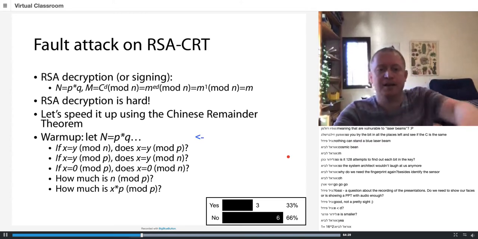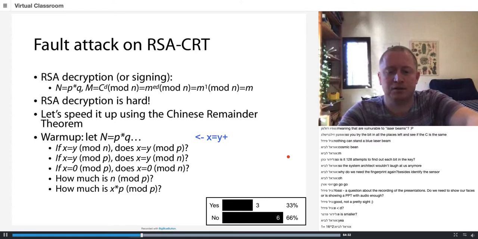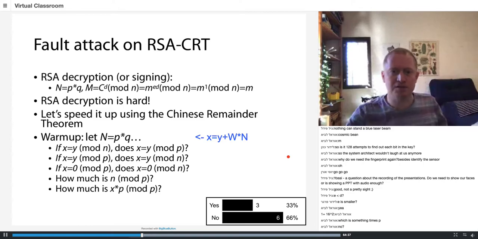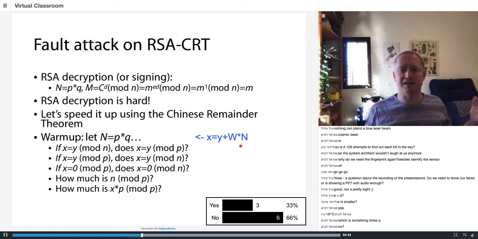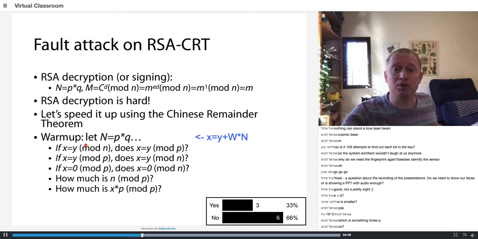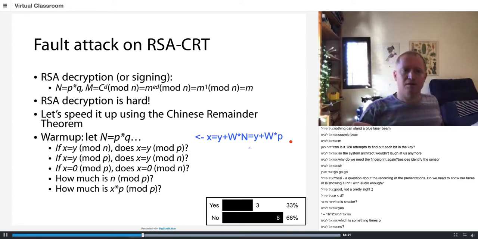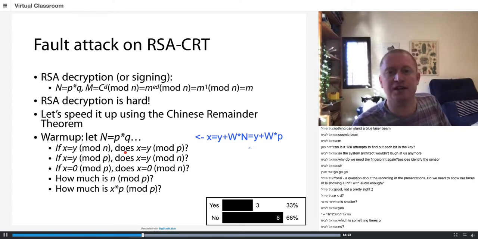If X is equal to Y modulo N, it means that X is Y plus W times N. And N is P times Q. So if X is equal to Y modulo N, then X is equal to Y modulo P, because this is equal to Y plus W times P times Q. Yeah. So the answer is, if X is equal to Y modulo N, then X is equal to Y modulo P.